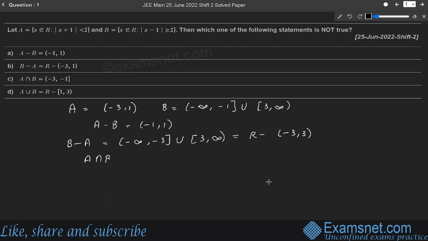Therefore, A ∩ B will be equal to (−3, −1]. Also, A ∪ B will be equal to (−∞, 1) ∪ [3, ∞), which is not equal to R − [1, 3). So, the correct option for this question will be option number B.